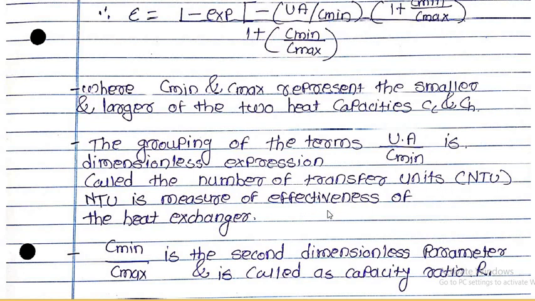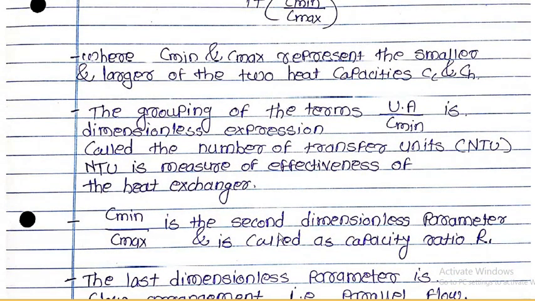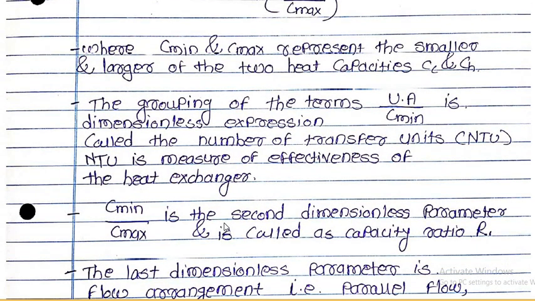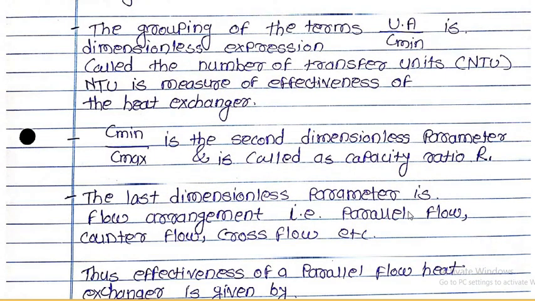NTU is a measure of effectiveness of the heat exchanger. Then the second dimensionless term formed inside this particular equation is C minimum divided by C max, which is called the capacity ratio, that is nothing but R. The last dimensionless parameter is flow arrangement, that is parallel flow or counter flow or cross flow arrangement.